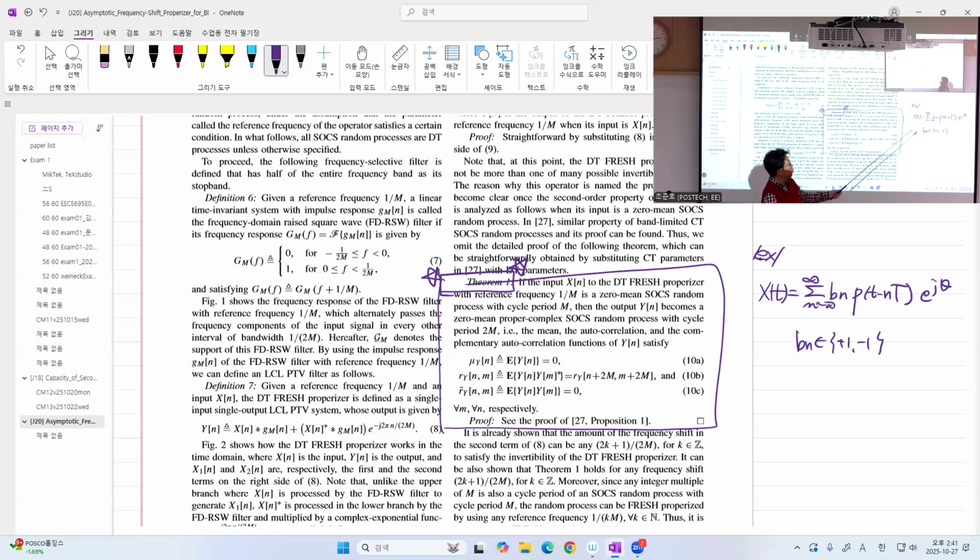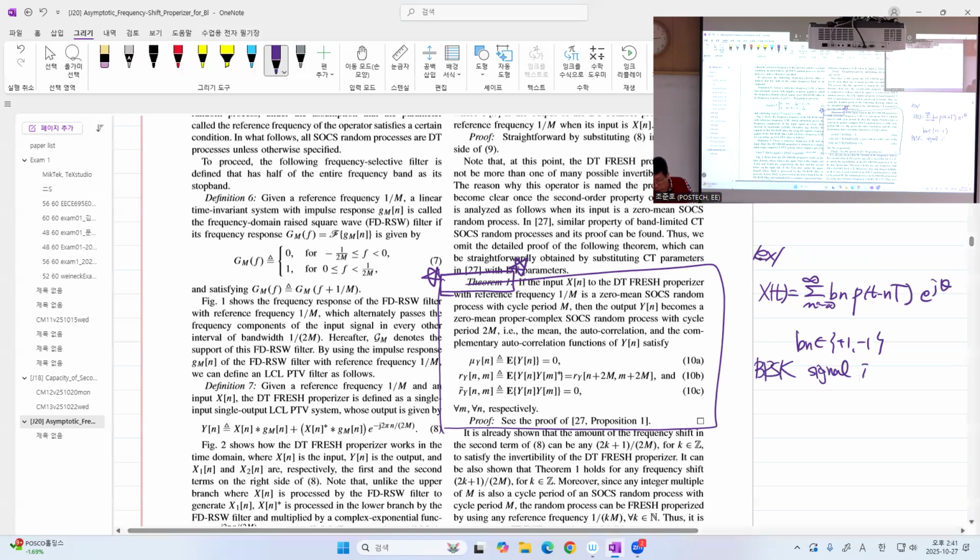And you can easily show that the complementary autocorrelation function of this signal does not vanish, which means that this BPSK signal is an improper complex random process with cycle period capital T.